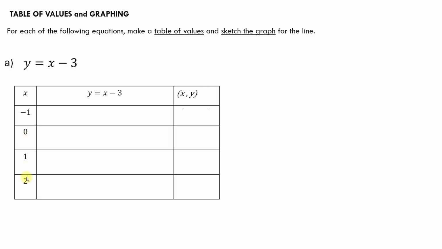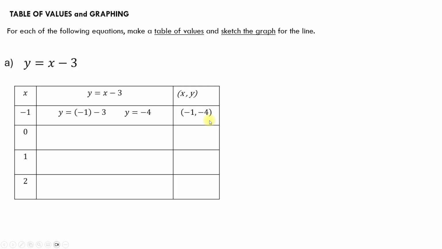So what we need to do in order to calculate what our y value is, we simply take this x value, -1 for the first one, and substitute it for x. When we do that, we're left with a value of -4 for y. So our first coordinate is -1, -4.